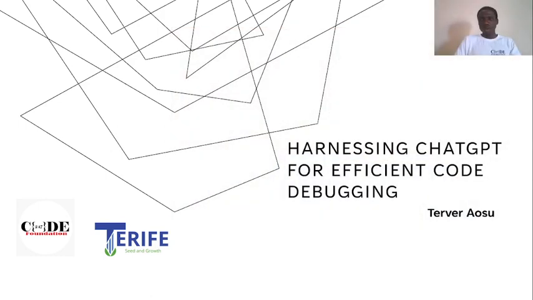Okay, so what are we talking about today? We're talking about harnessing ChatGPT for efficient code debugging. And there's a lot about ChatGPT on the internet today. It's a brand new technology that just came up not long ago, so there's a lot to learn about it.